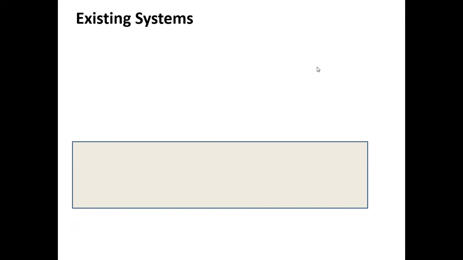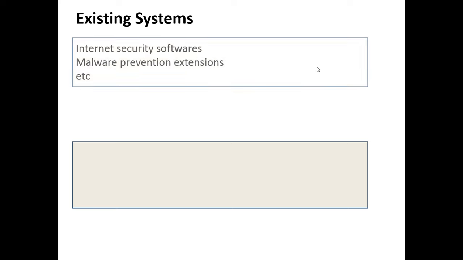The existing solutions for this problem happen to be a lot of internet security software and malware prevention extensions like McAfee and Norton. There are many other plugins that you can use in your browser as internet security software, which claim to prevent malware.